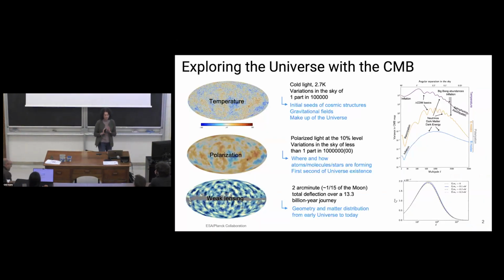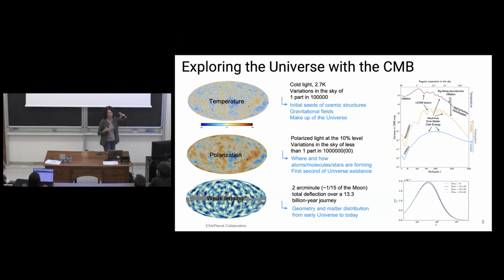Okay, so I don't need to give too much of an introduction to the topic. I am sure everyone in this room is familiar with the CMB. The speakers before me have covered multiple aspects. The only reminder I want to make is that what we're talking about here is looking at the early universe with the CMB, which means mapping the properties of the CMB radiation in temperature, polarization, and then with gravitational lensing.